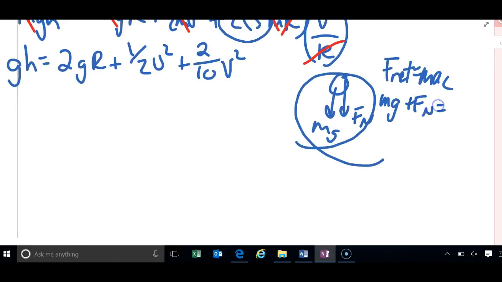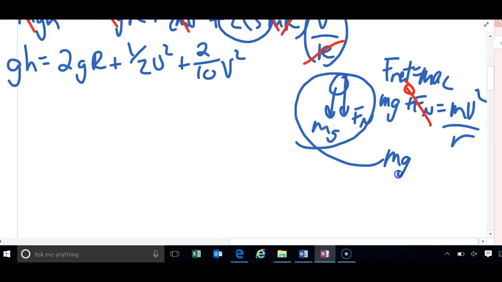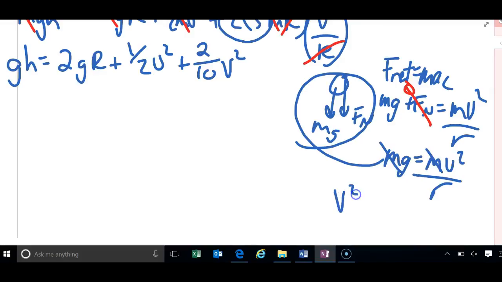They're both toward the center. We make the center positive. Equals m times v squared over r. It's been a while, but we said Fn is 0, and again, I'm showing all the steps. So I'm left with mg equals mv squared over r. Masses cancel, so I'm left with the velocity squared equals gr.